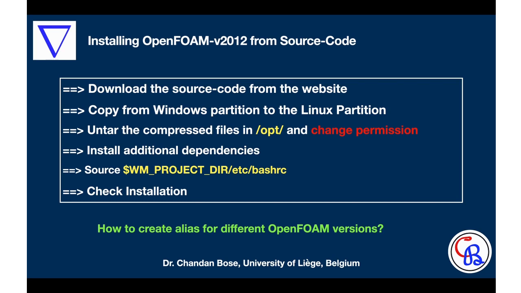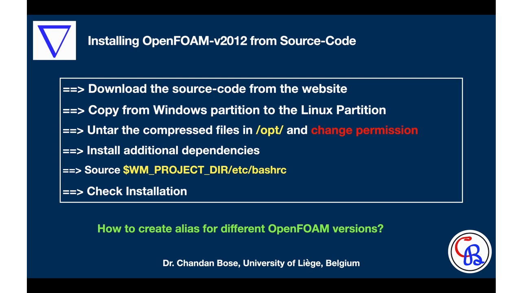Then you have to install some additional dependencies, and when everything is set up, you have to source the bashrc file from the etc folder, which is located in the project directory or the installation folder. And that's it. You are ready to go.